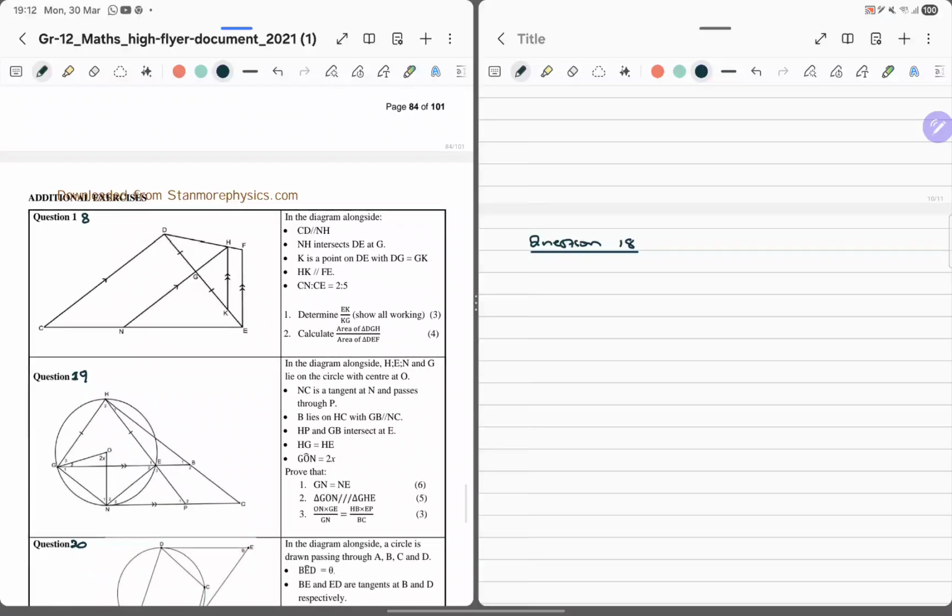So let's see. In the diagram alongside CD is parallel to NH, yeah. NH intersects DE at G, we see that. K is a point on DE with DG equal to GK, so that's also indicated. HK is parallel to FE, so that's true.